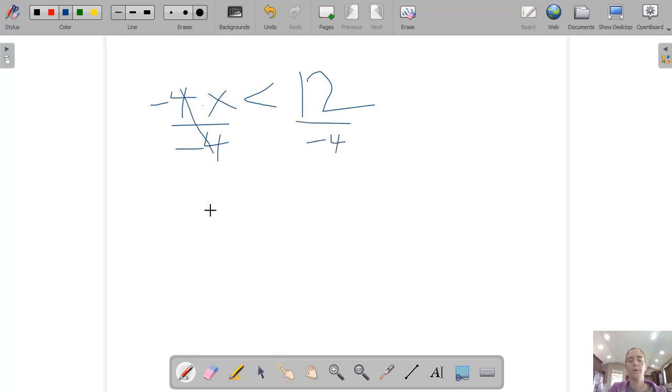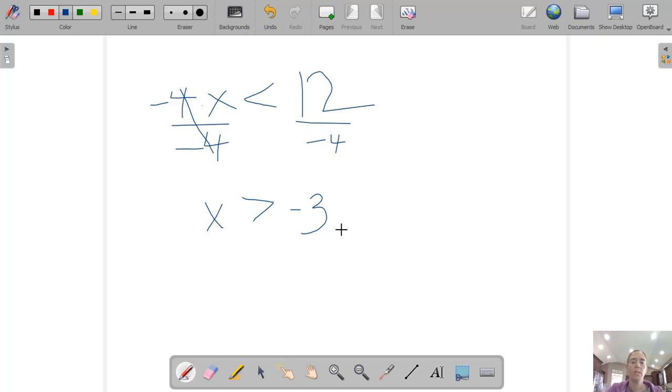That equals 1, so you have your x, but for this to still be true, we have to flip this inequality the opposite direction.